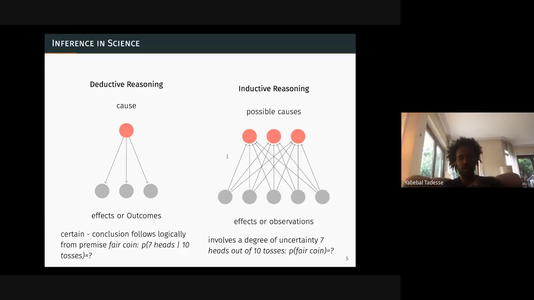You don't know how these outcomes are related to the possible causes, which are probably infinite. For example, there was a coin, some experiment was done, and 7 heads turned out of 10 tosses. In inductive reasoning, you're trying to infer whether the coin is fair or not. The coin could have been fair, could have not been fair. So that's called inductive reasoning.